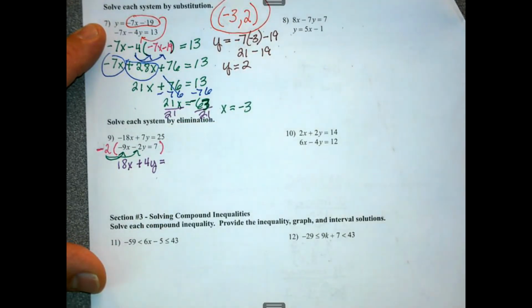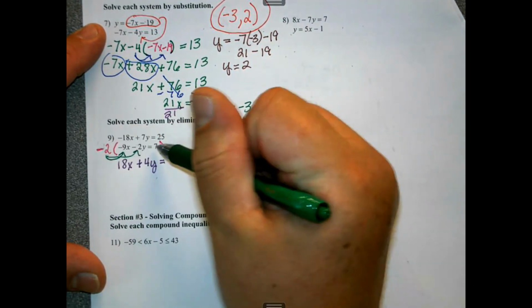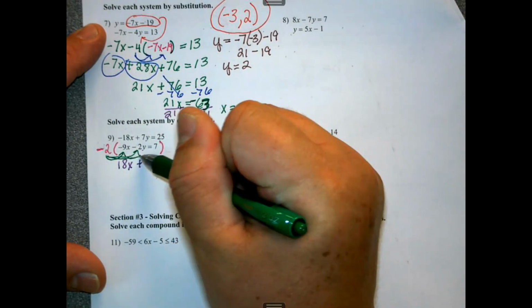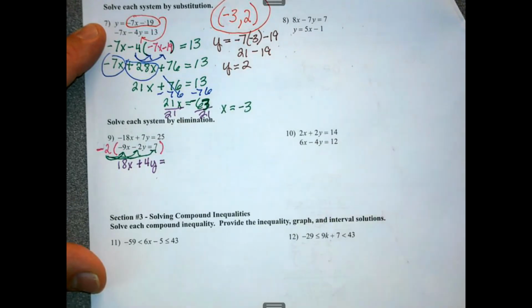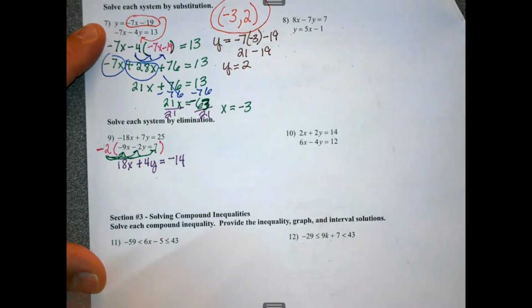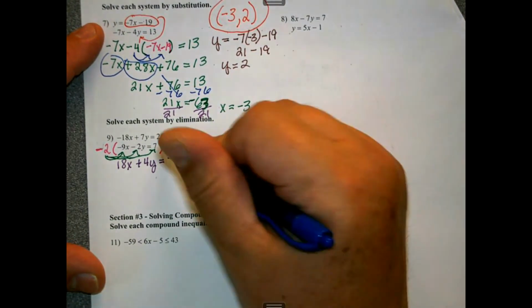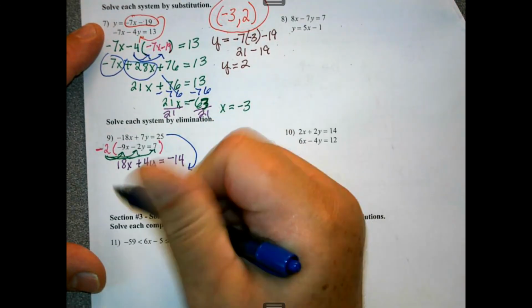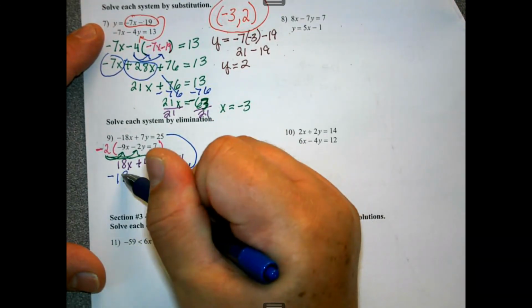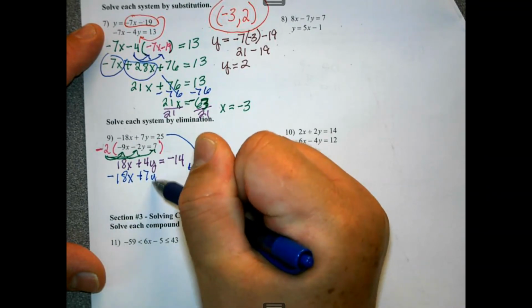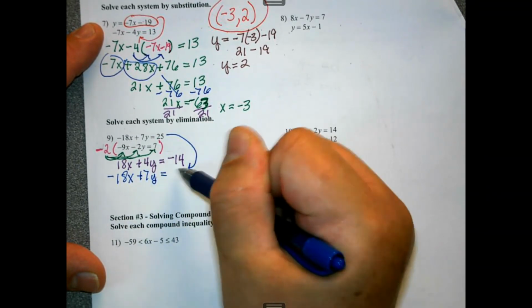And then negative 2, this time don't forget that one, it's included in the parenthesis. Negative 2 times 7 is negative 14. Then I'm just going to rewrite the top one right underneath. See, negative 18x plus 7y equals 25.